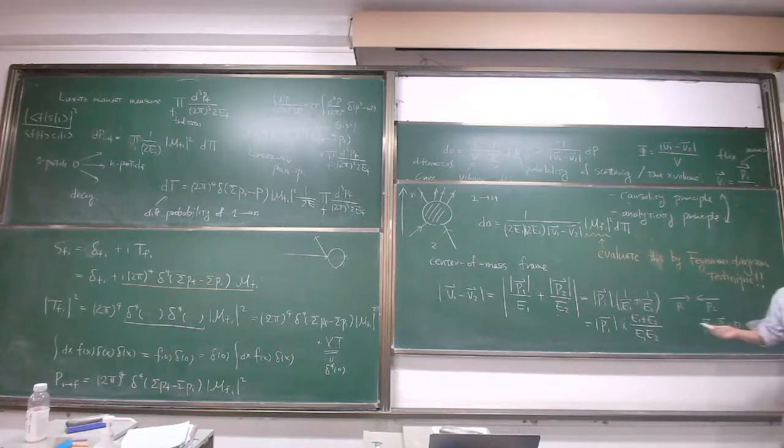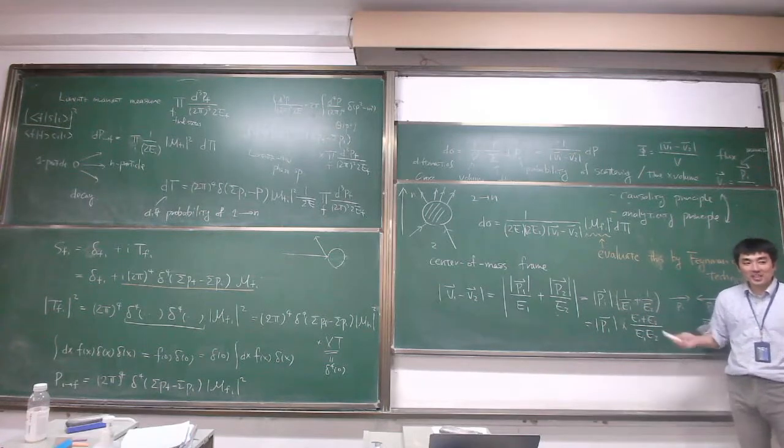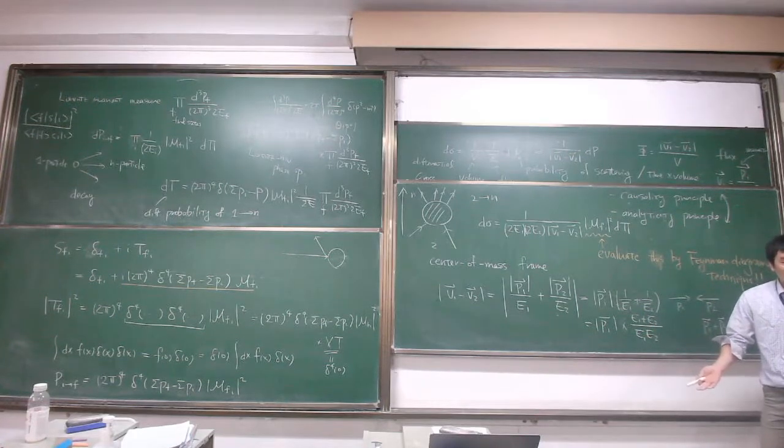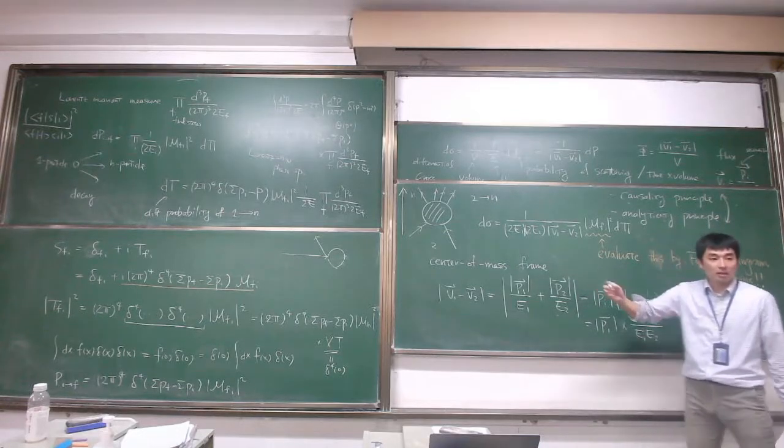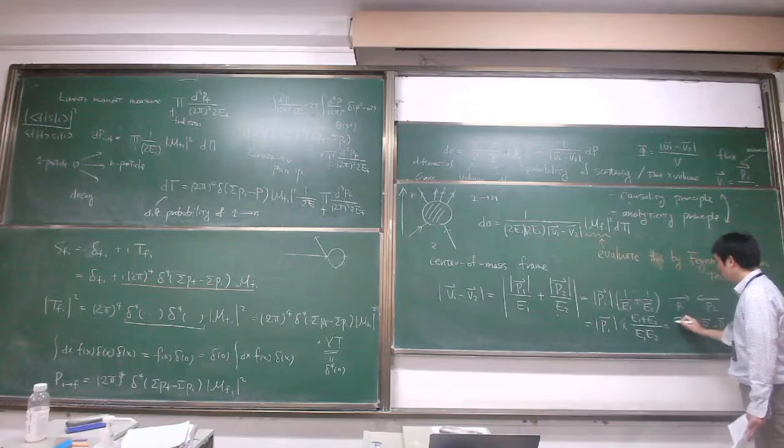And we know E1 plus E2 is the center of mass energy, the total energy in the center of mass frame. So this is equal to E center of mass.